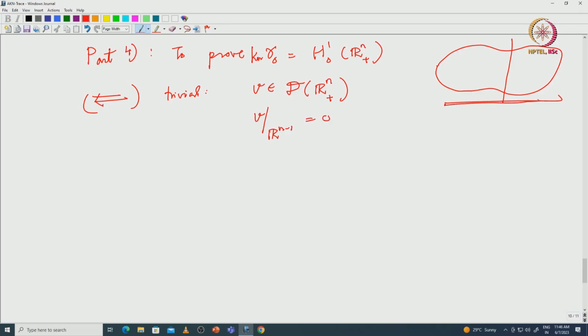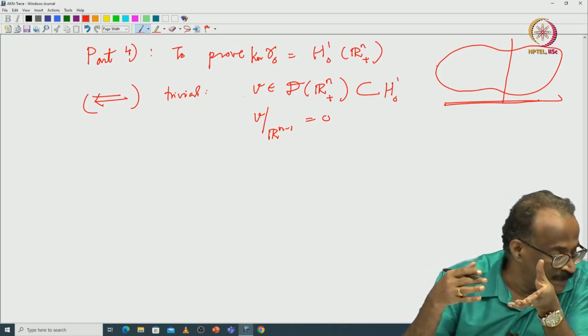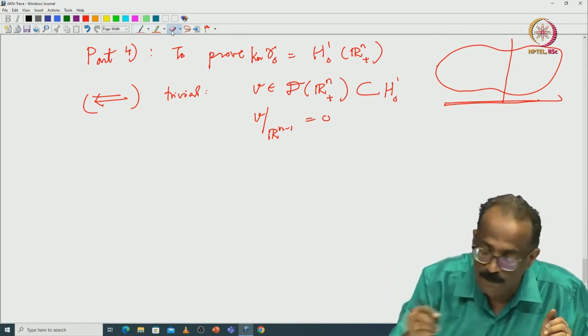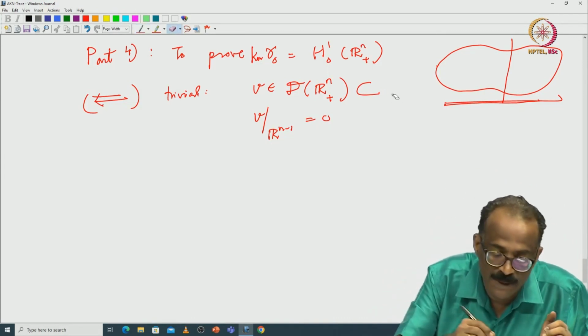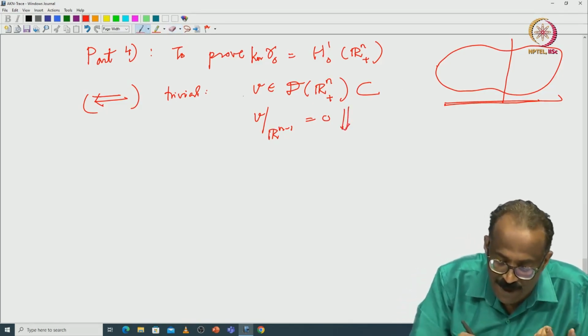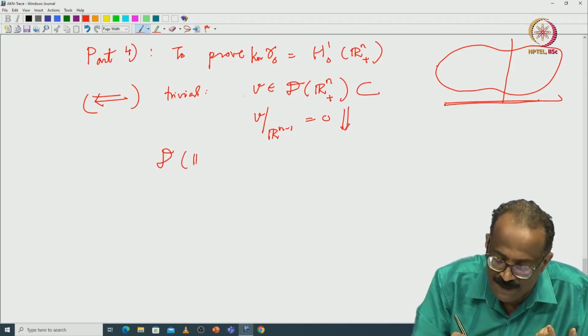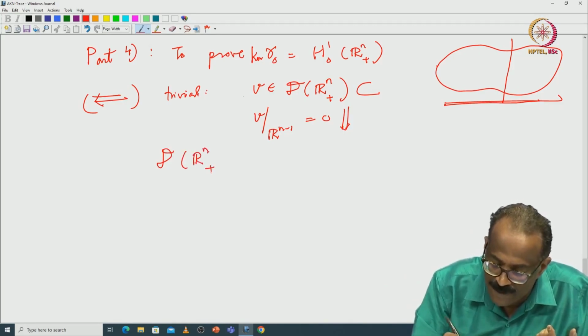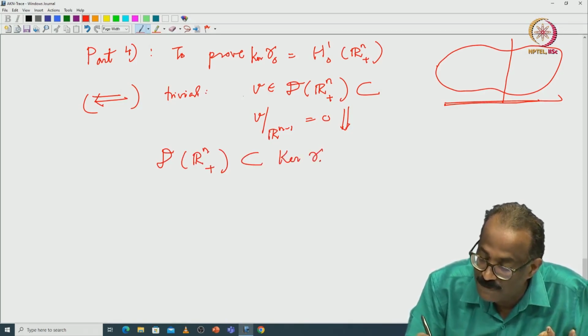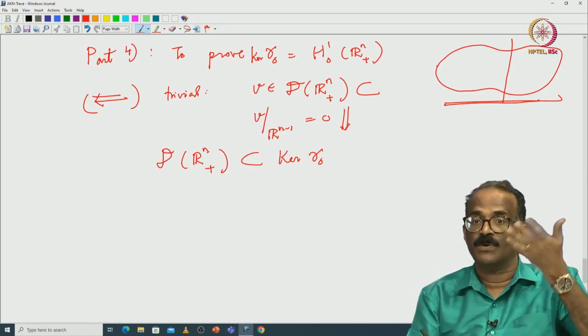So, D(R^n_+) is contained in the kernel, because the kernel is 0. That is a trivial thing, because you have a 0 there.